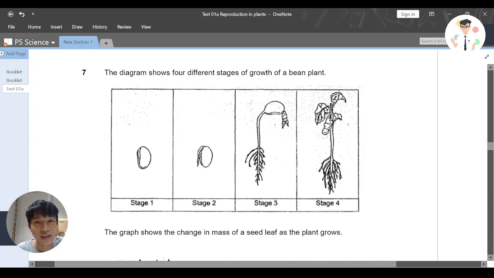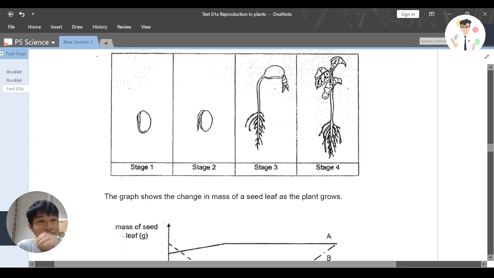The diagram shows 4 different stages of growth of a bean plant. The graph shows the changes in mass of a seed leaves as the plants grow. So again, just now we discussed what's the usage of seed leaves. It's actually to provide food or nutrients, the food stored inside here so that the plants can get it. Why?